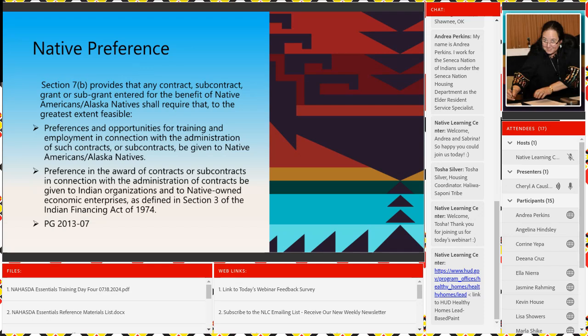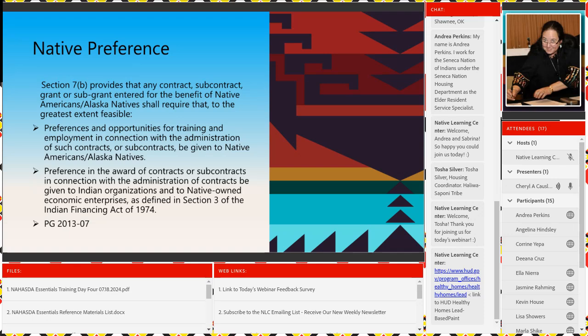Native preference. Okay, so under NAHASDA, Section 7B provides that any contract, subcontract, grant, or subgrant entered into for the benefit of Native Americans and Alaska Natives shall require, to the greatest extent feasible, that preferences and opportunities for training and employment in connection with the administration of such contracts be given to Native Americans and Alaska Natives.